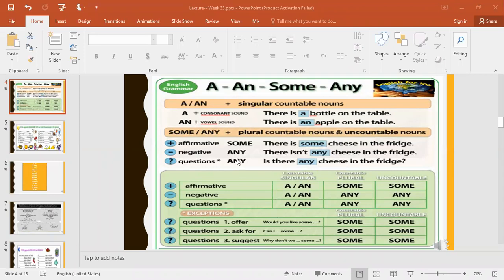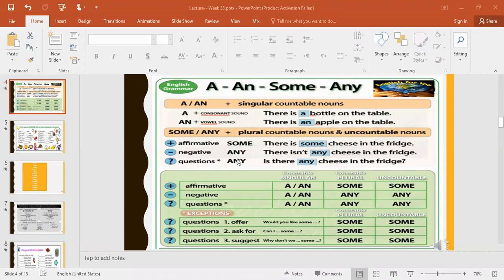Now we move to some and any. Some and any are used only in plural, countable and uncountable nouns. We can use them in countable and uncountable nouns, but in the plural form. We have affirmative, negative, and question form of some and any. Some is used in the affirmative form only.